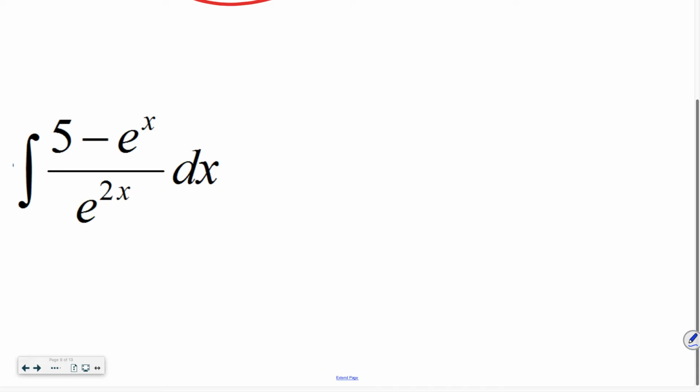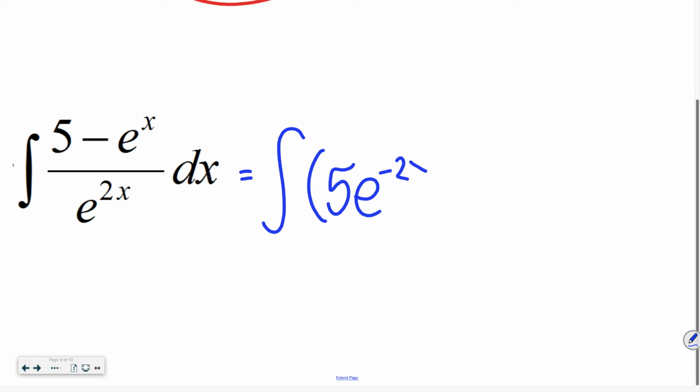Okay, do you want to leave it like this? No. We can't leave it as a fraction. So, 5 divided by e to the 2x is 5 e to the negative 2x, minus e to the x divided by e to the 2x. We subtract exponents, right? x minus 2x, negative x.